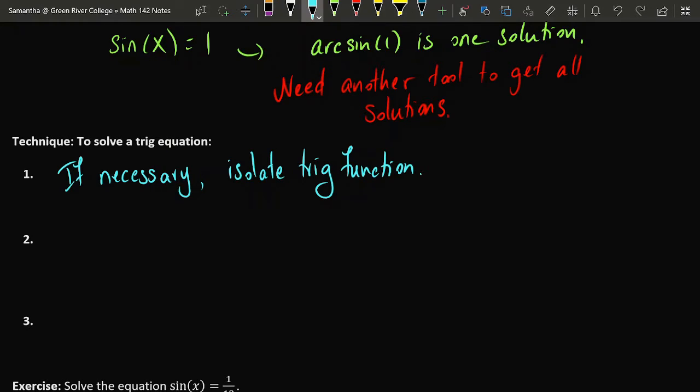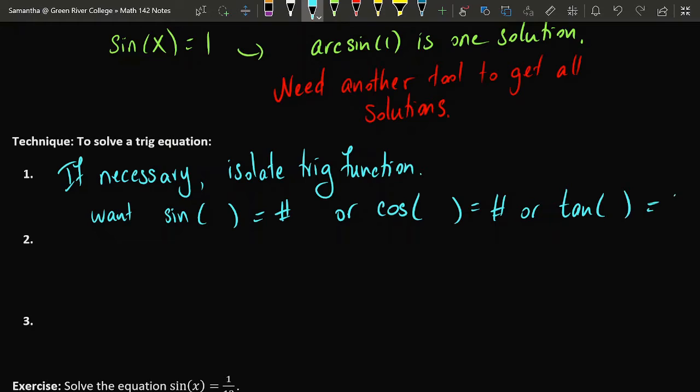So you want something like sine of blank equals number, or cosine of blank equals number, or tangent of blank equals number. There is nothing on the outside of this equation around sine, cosine, or tangent. Those functions are isolated on one side of the equation.